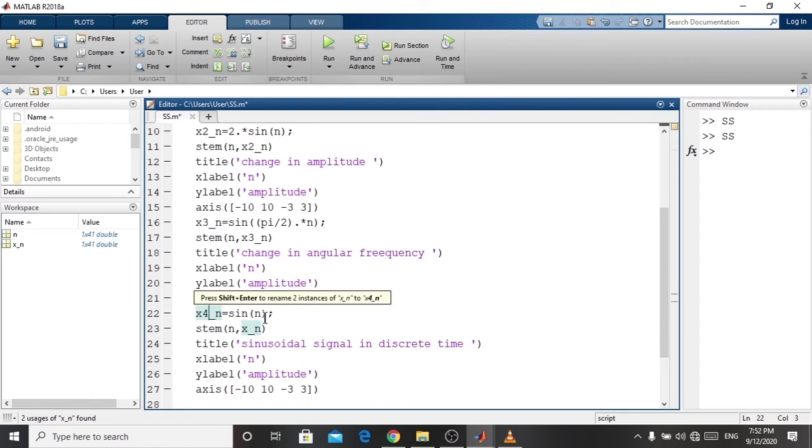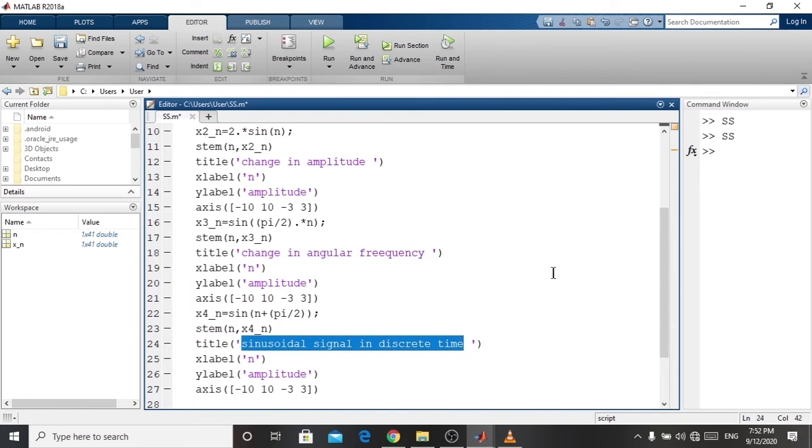Changing this to x4 underscore n is equal to sin n plus pi by 2 radians, changing these to x4 and changing the title to change in phase angle.